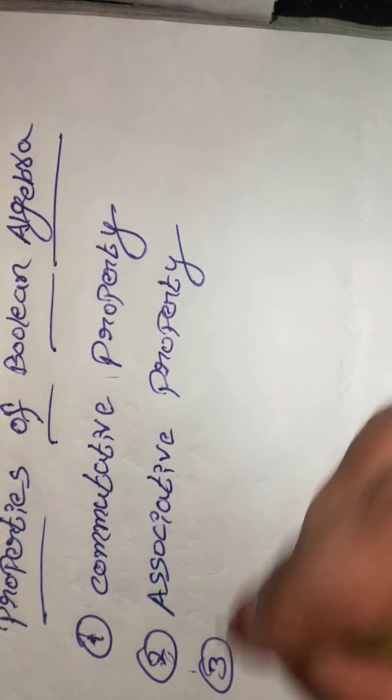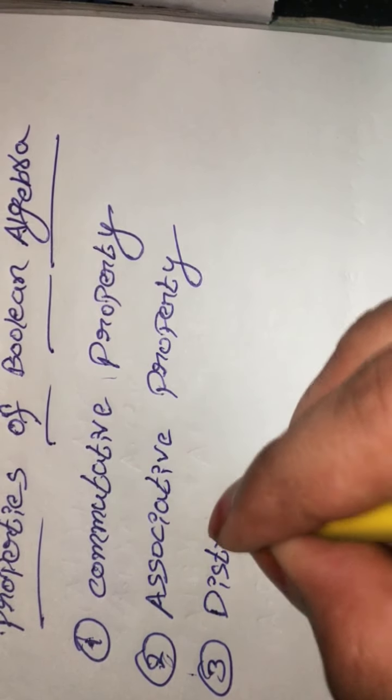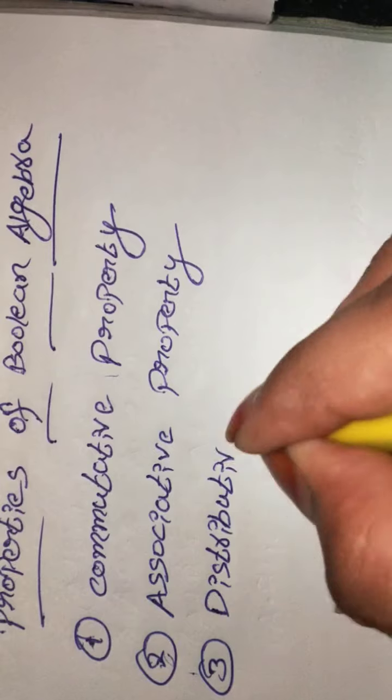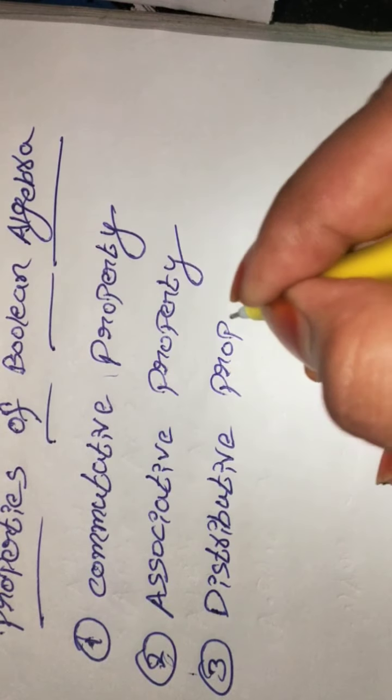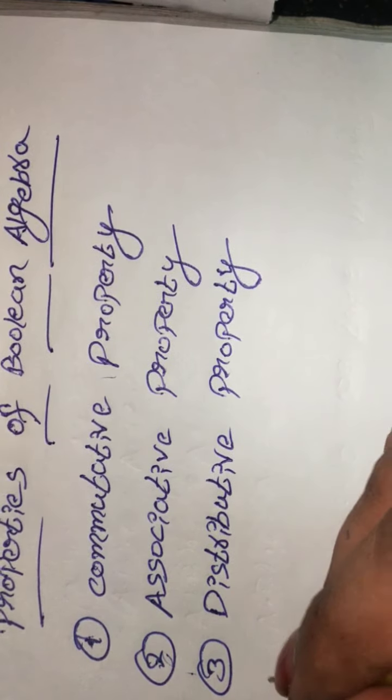Third one is the distributive property. And finally, the fourth one is the transposition property.